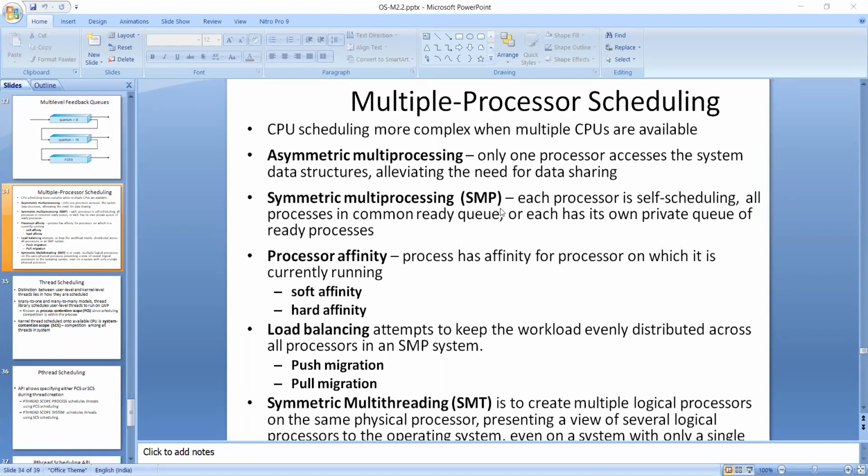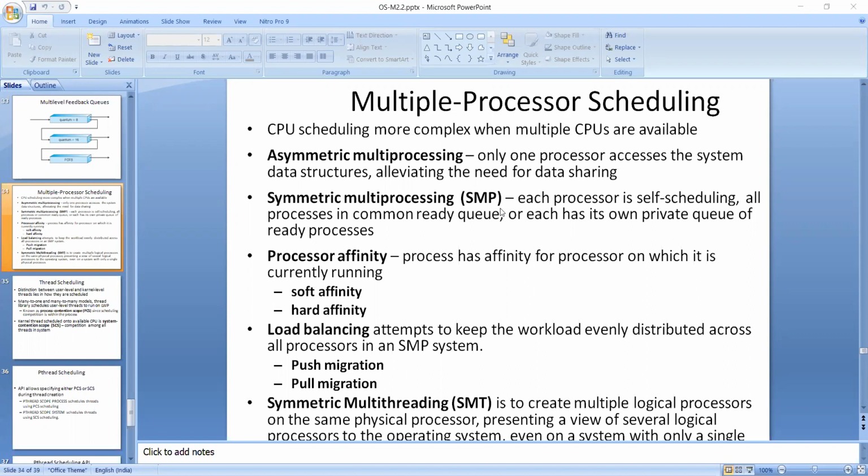If some processors are idle and some processes are waiting on busy processors, the idle processors will pull those processes. So that is called pull migration. Understood? Push migration and pull migration attempt to keep the workload evenly distributed across all the processors in symmetric multiprocessing.